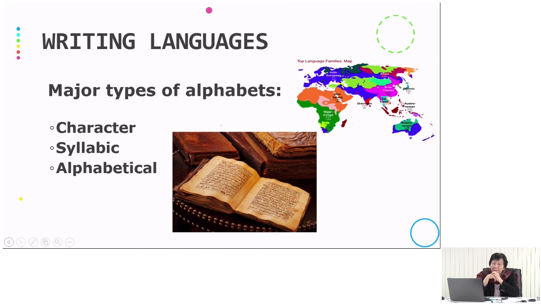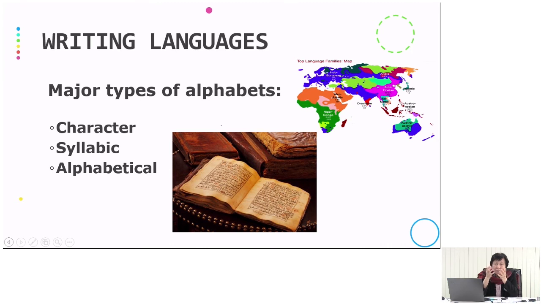You see? Syllabic alphabet, like the Japanese writing form, you see? If you write down this, it means "ka." Both consonant and vowel are in one form. We call it syllabic alphabets, okay?